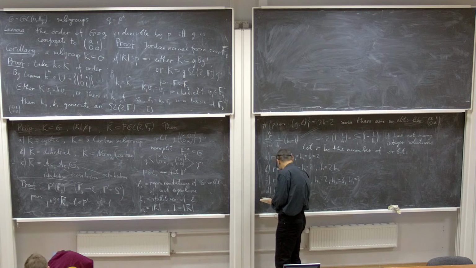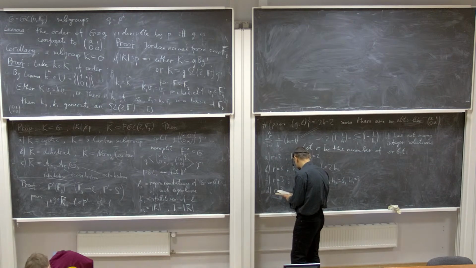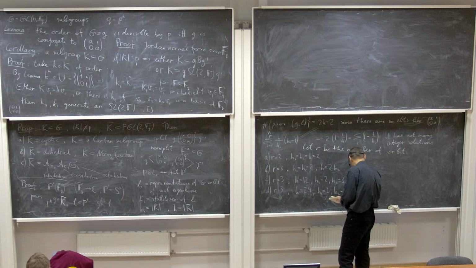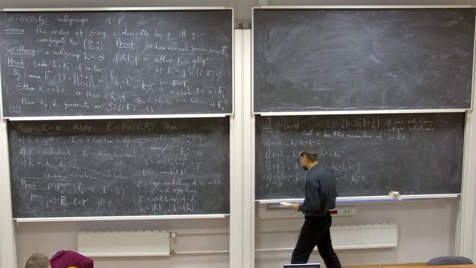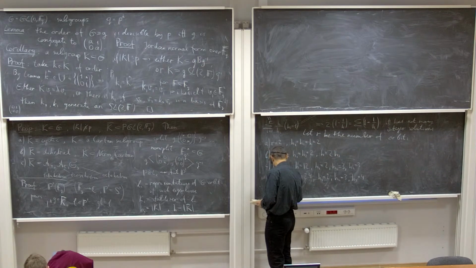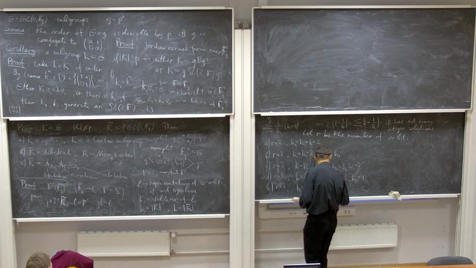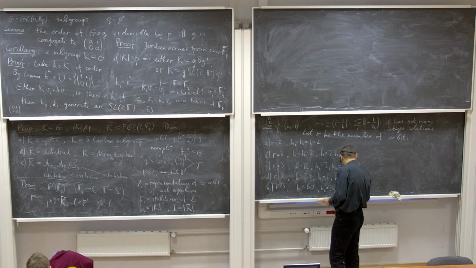Again, R equals 3, and H equals 24, H1 equals 2, H2 equals 3, H3 equals 4, and finally R equals 3, H equals 60, H1 equals 2, H2 equals 3, H3 equals 5.